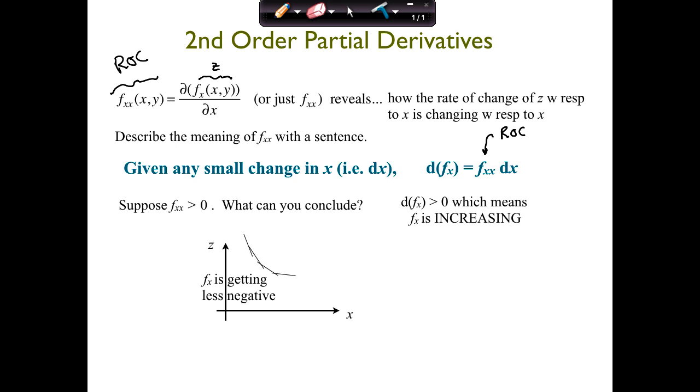Or if the rate is already positive, it's getting more positive as x increases. So in either case, the graph is turning up. If the rate of change is increasing, then it's turning upward, toward a greater rate of change. And that's concave up.